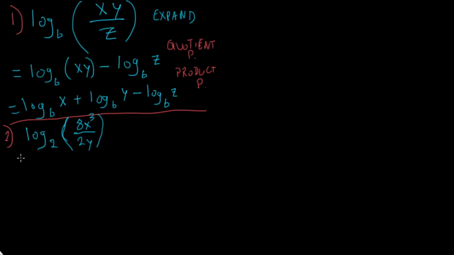So think back to your algebra 1 days. So we go log 2 of 8x cubed, minus log 2 of 2y. All right, so we split that up using the quotient property. Now let's split up the rest of these.